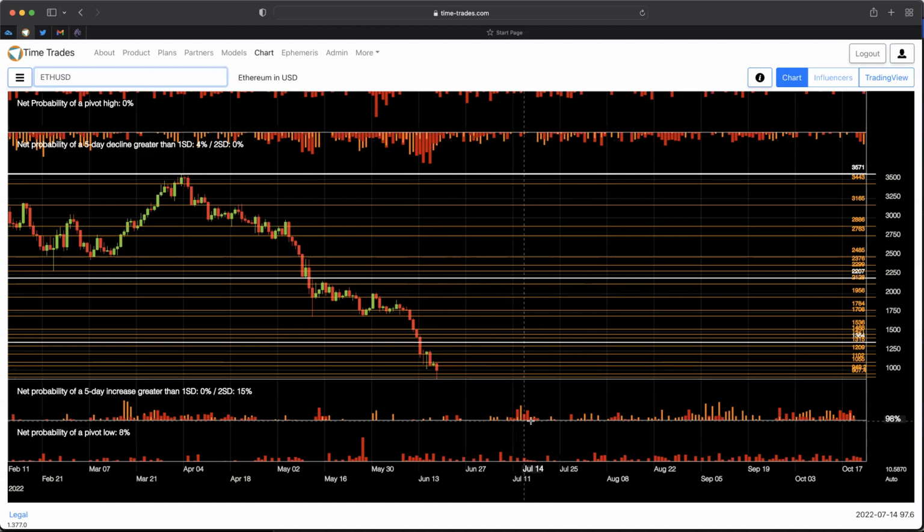And then we've got a little pocket of up days from the 12th to the 16th. And there's very little down pressure during that time. Little pivot low up here at 14% probability. And then the down pressure resumes. Okay, so not really a crystal clear forecast on Ethereum, but on balance, more down than up.